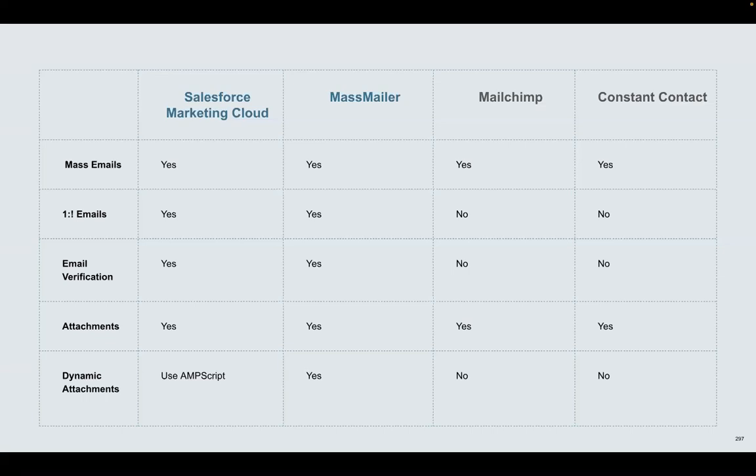And depending on which Salesforce edition you're using, you may have to use AMPscript. But traditional, I think traditional are pretty old editions though. The latest edition, I believe you don't have to use a script, but you may still have to have some sort of a logic that's retrieving the dynamic file attachment.